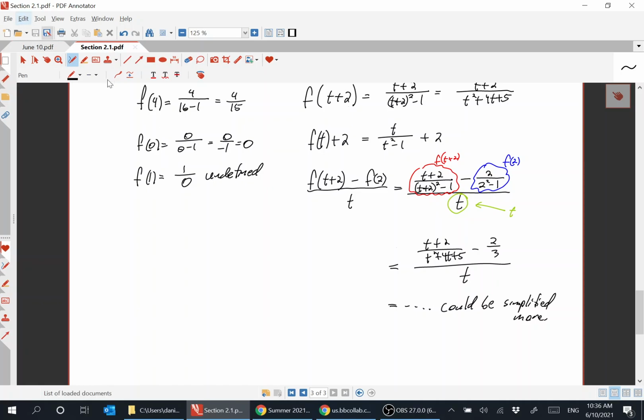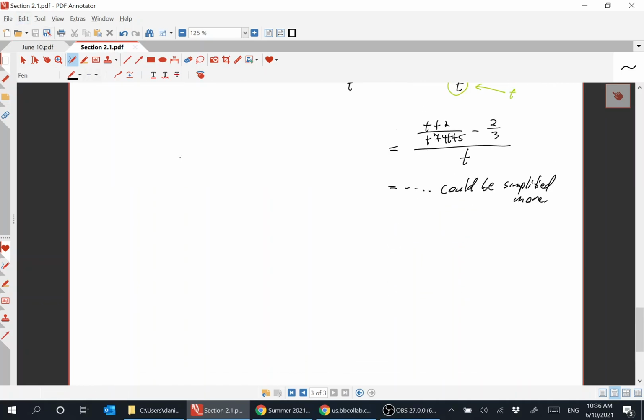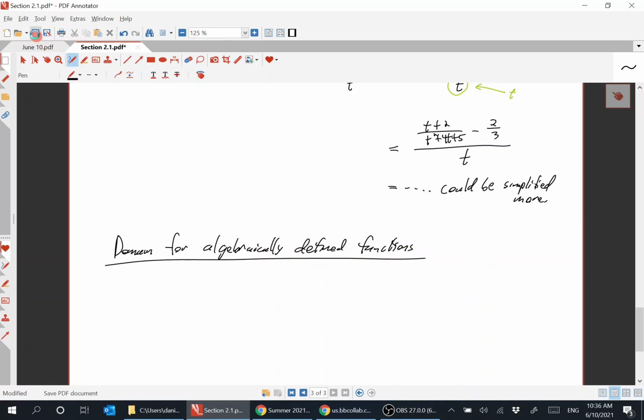All right. So we were talking about the input values being called domain values. So given an algebraically defined function, what is the domain?